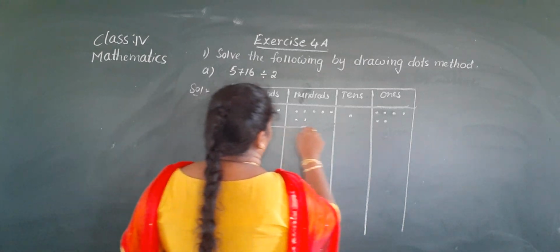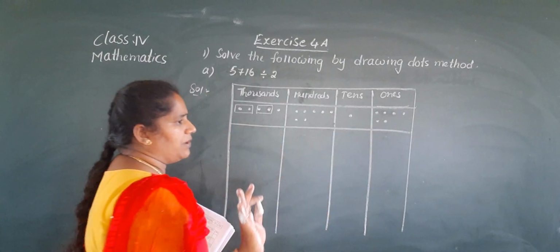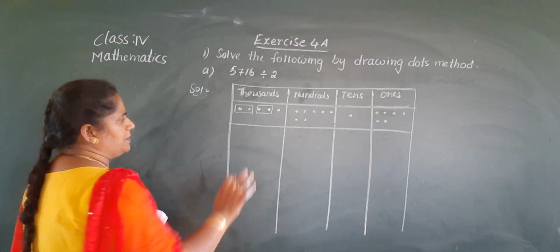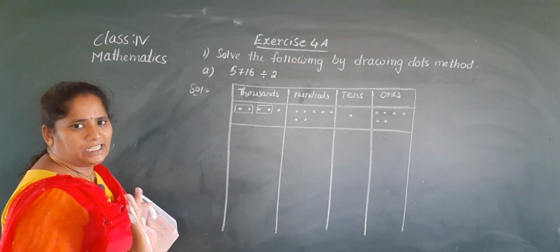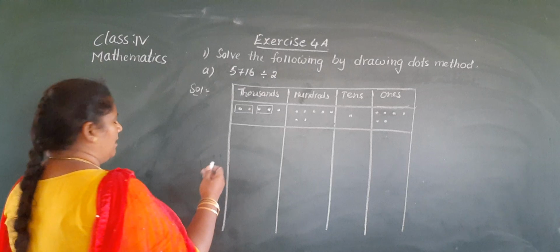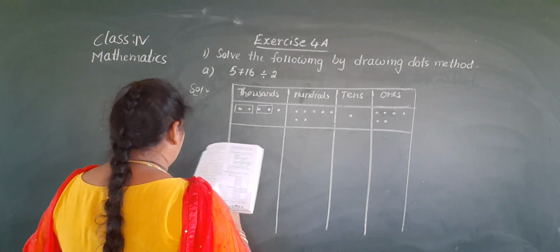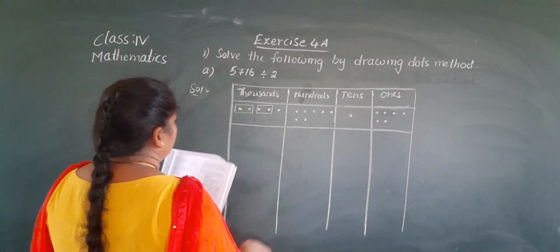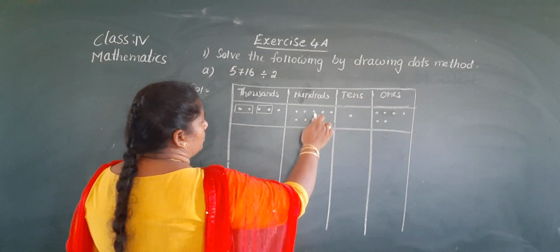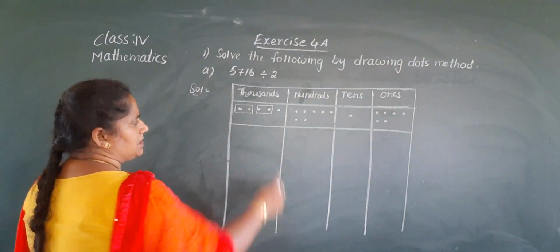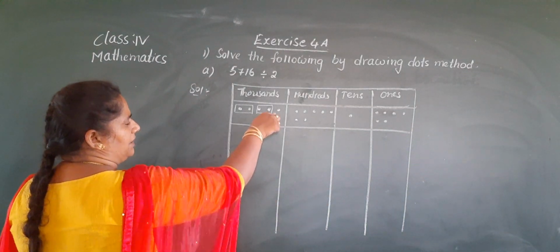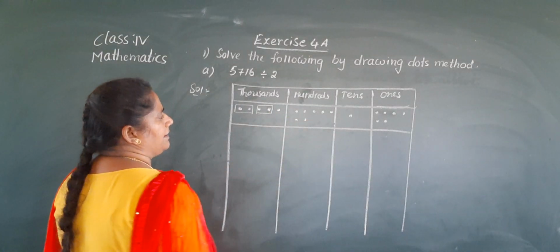First you have to make the groups in the thousands place. Next, we have to carry this 1 dot to the hundreds place.